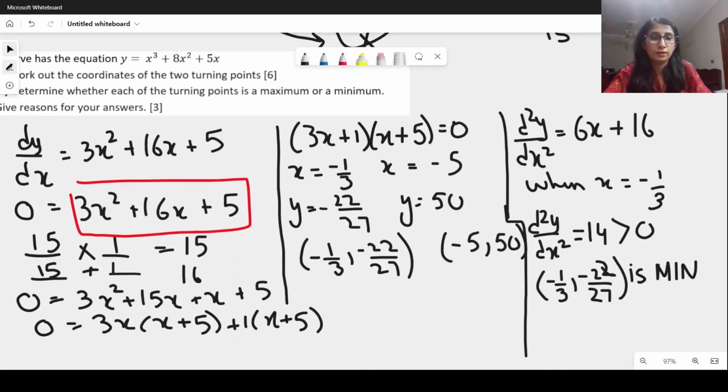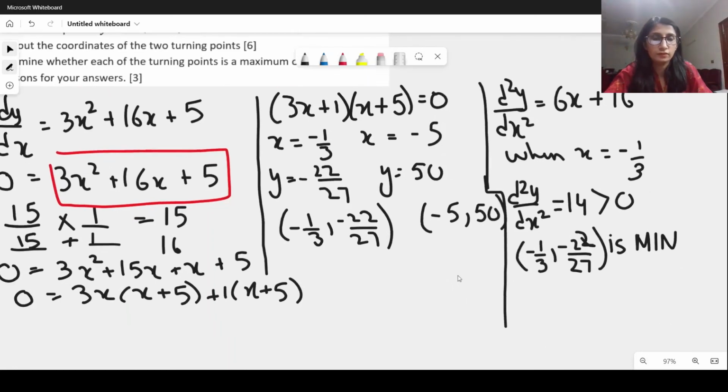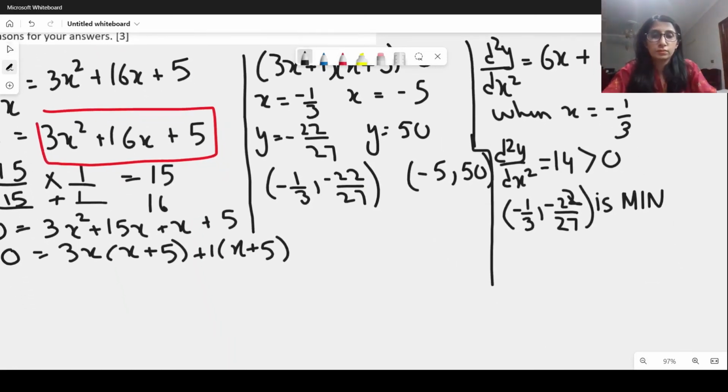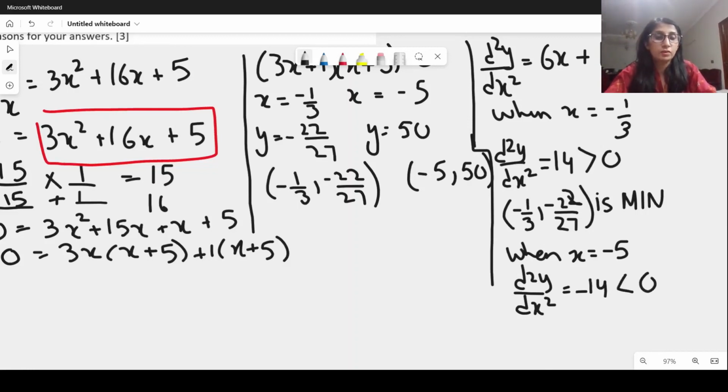And similarly, when x is equal to minus 5, then the value of the second derivative is equal to, let's see, minus 40, which is less than 0, meaning that this turning point or stationary point is a maximum.